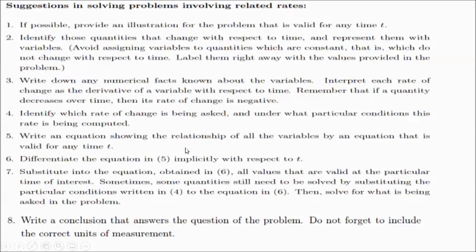Okay? Number 2, identify those quantities that change with respect to time and represent them with variables. Avoid assigning variables to quantities which are constant, that is, which do not change with respect to time. Label them right away with the values provided in the problem.